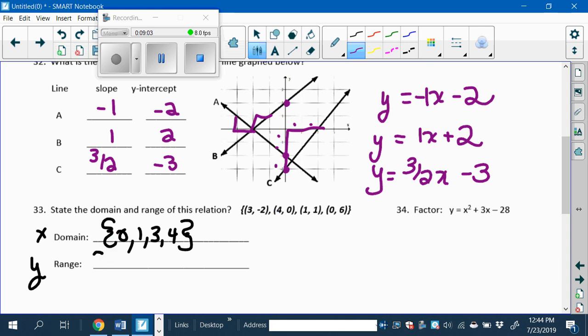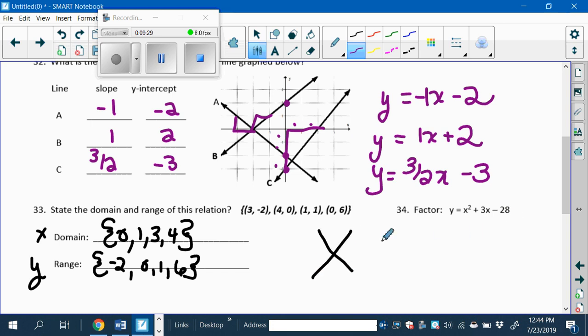Now with the range, same thing. I start with the smallest number, which is -2. And then I have 0, 1, and 6. But please remember, usually, for the most part, we're not going to mark it wrong if you got your order wrong.